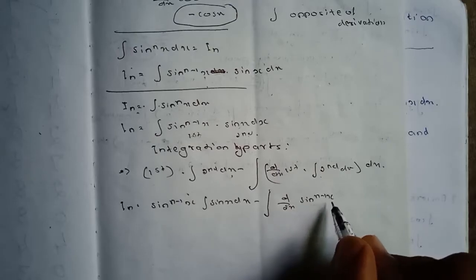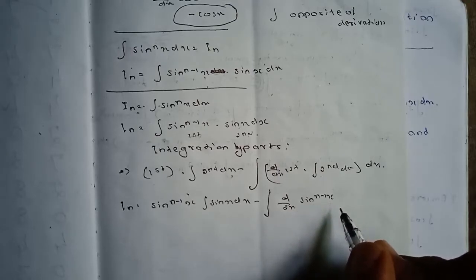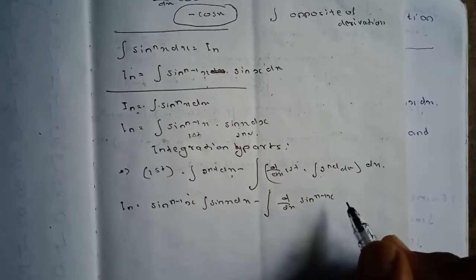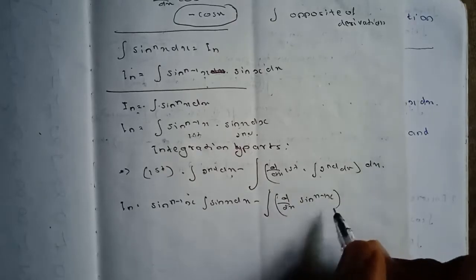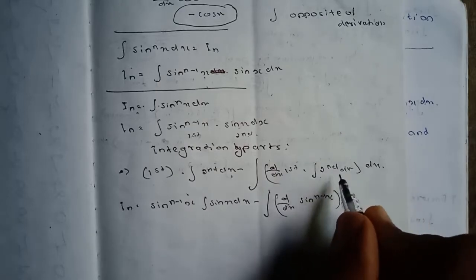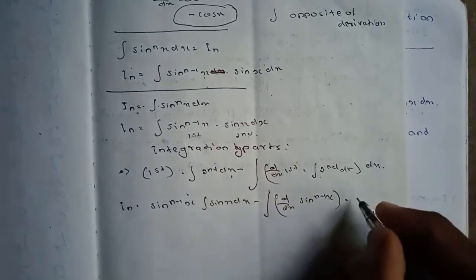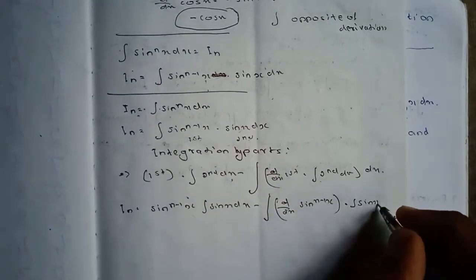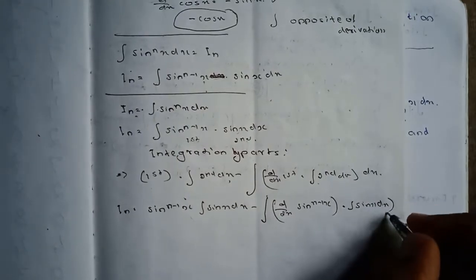Only d by dx of sin^(n-1) x, not dx, because in the case of integration we want to find this derivative. Then again the integral of the second, which is the integral of sin x dx, then whole dx.